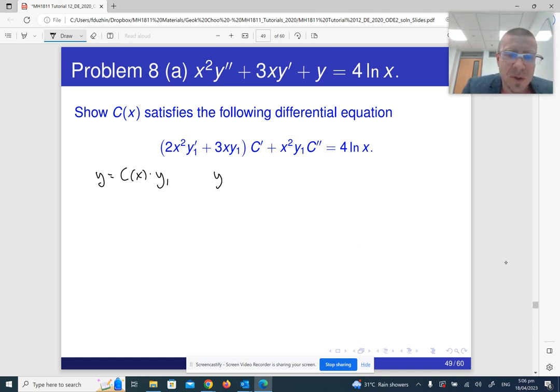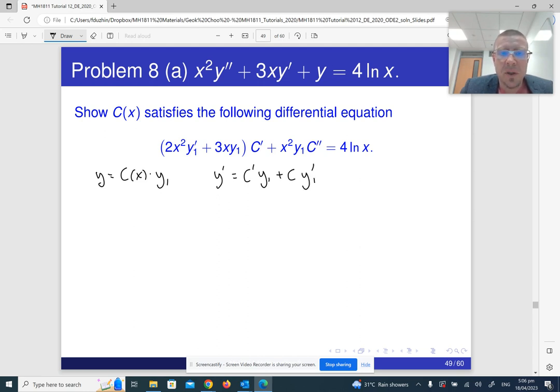So my y prime is going to be, now I've got to differentiate this according to the product rule. It's the product of two functions of x. c is a function of x, and y1 is also a function of x. So it's going to be c prime y1 plus c times y1 prime.